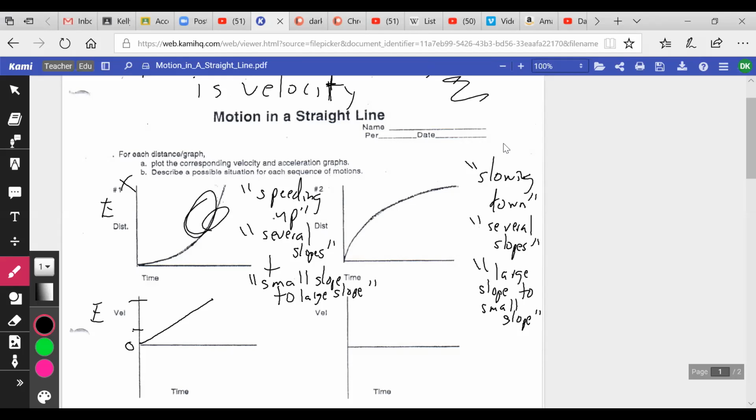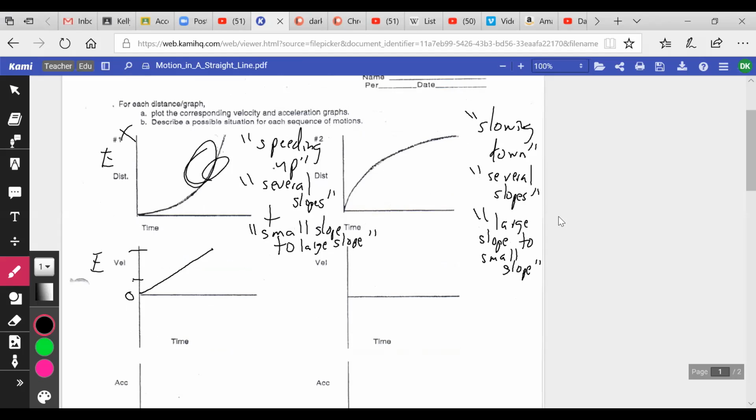And they're all directly related to each other. We'll see that as we do more examples. So this is what is going on from this position time graph to velocity time here.